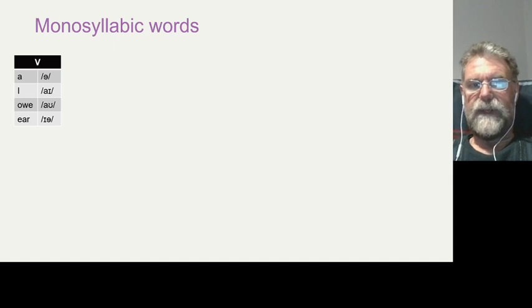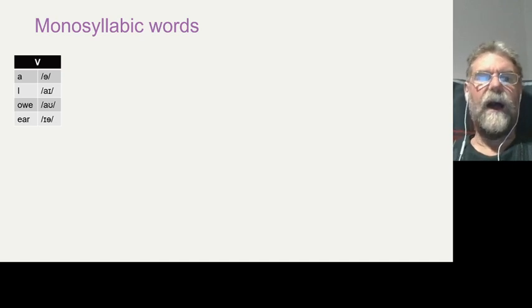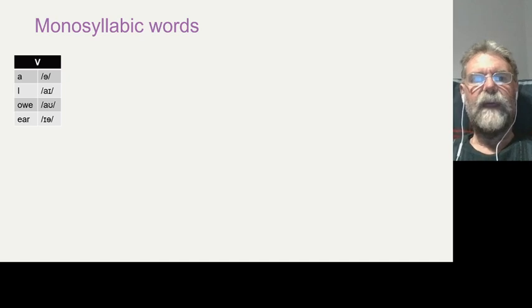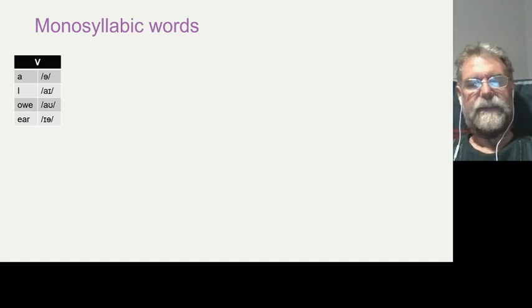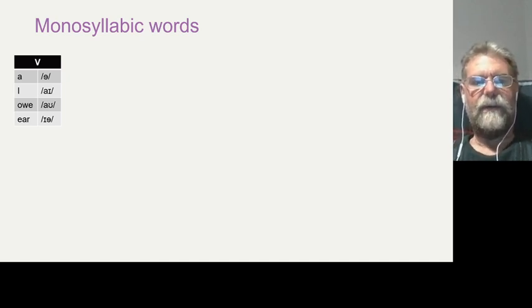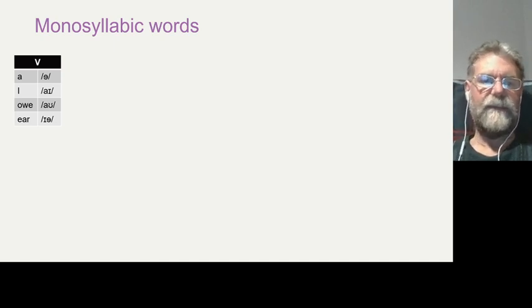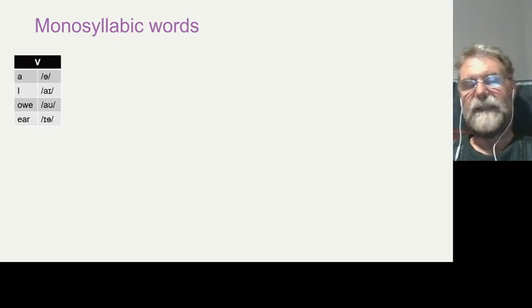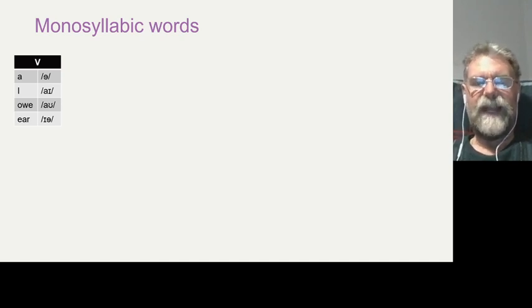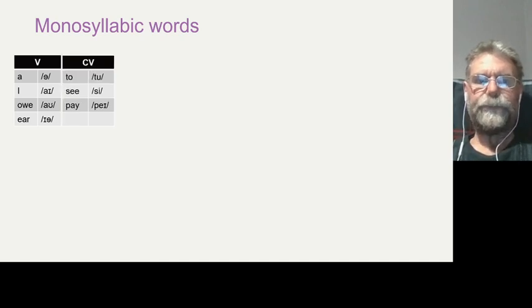Other words that consist of just vowels tend to be diphthongs, words like I and O and ear, for example. Ear pronounced in the British English way rather than the American one, where you also have the r sound at the end of it, but just as ear, it's a simple diphthong. So these are syllables, monosyllabic words, which just consist of a vowel.